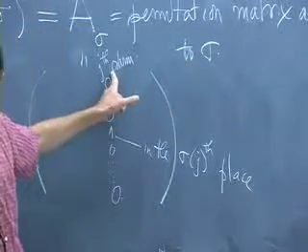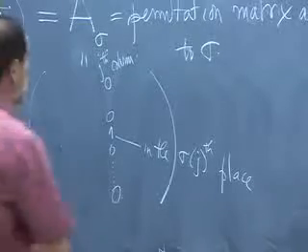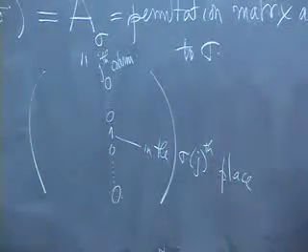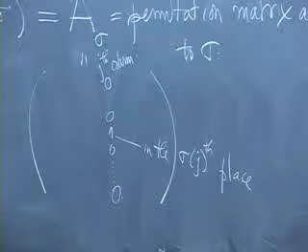I'm going to do an example so you see this, because in this notation it can be a little confusing. So let us take a permutation in the symmetric group on 3 letters and write down its permutation matrix.